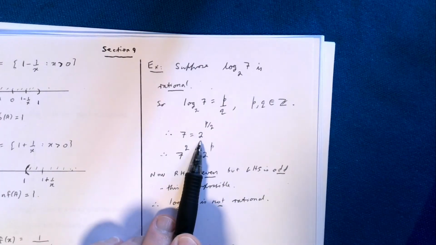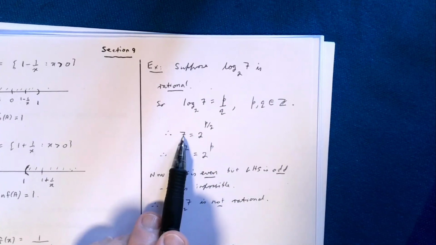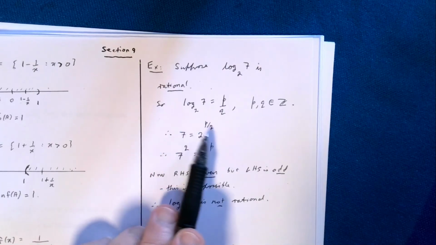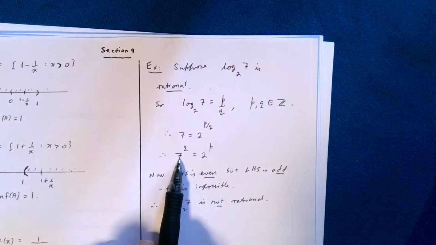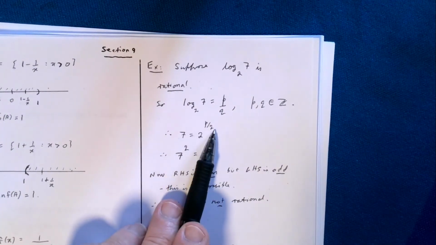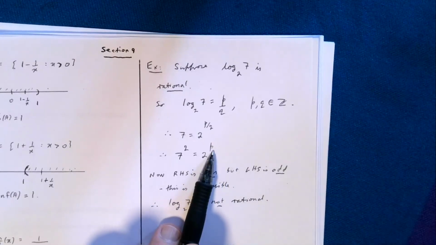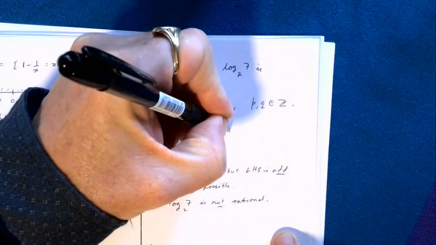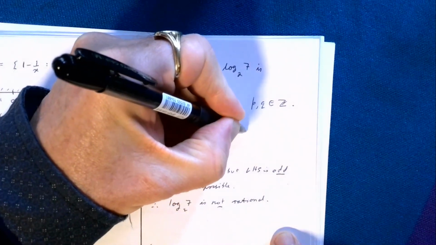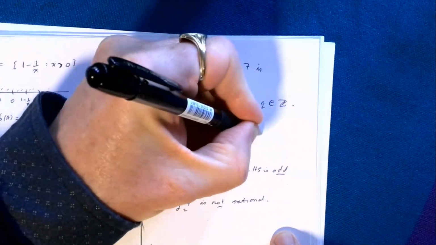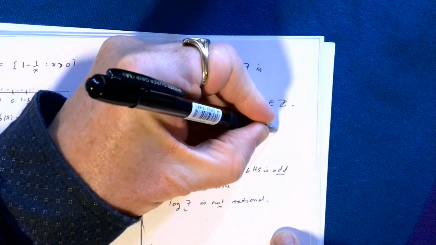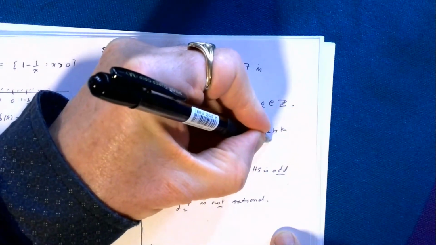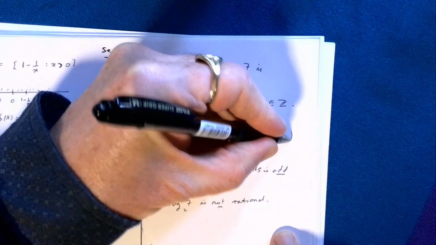So I'm going to raise both sides to the power q. So 7 to the q, 2 to the p over q to the power q just gives me 2 to the p. So I'll just write down here what I did. We raise both sides to the power q. Now we get that.